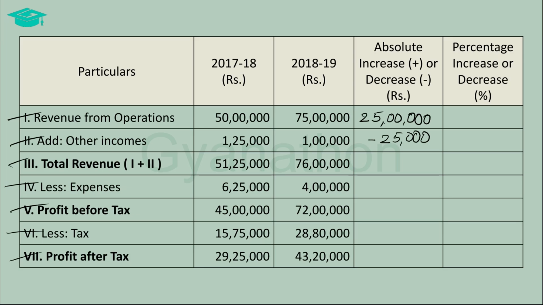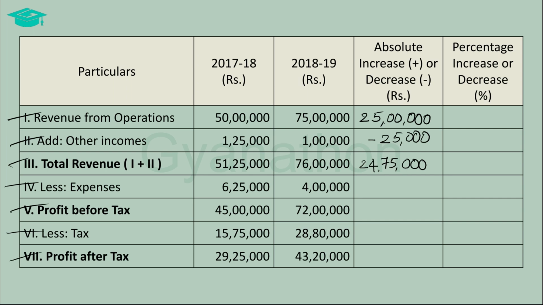The absolute change in total revenue is rupees 76 lakhs minus rupees 51 lakh 25,000, which is rupees 24 lakh 75,000. The total revenue has increased by 24 lakhs 75,000 rupees.